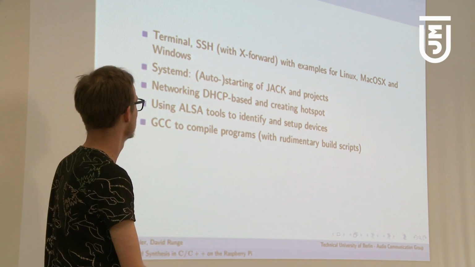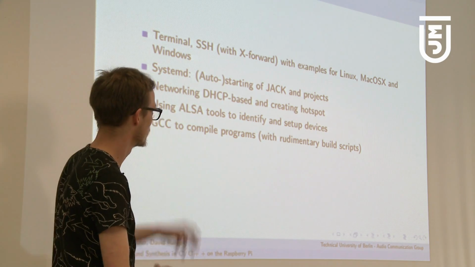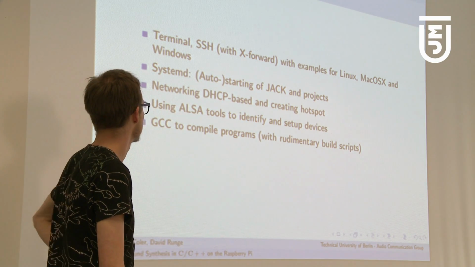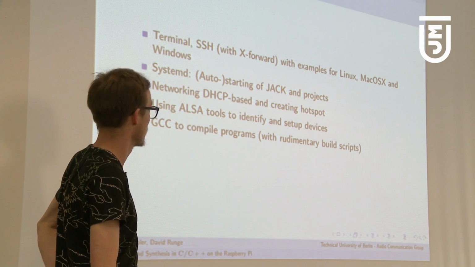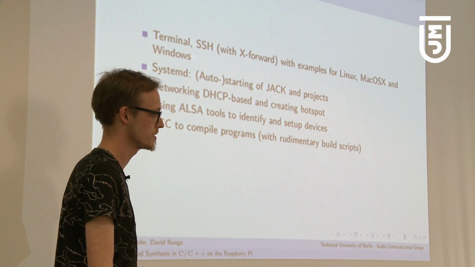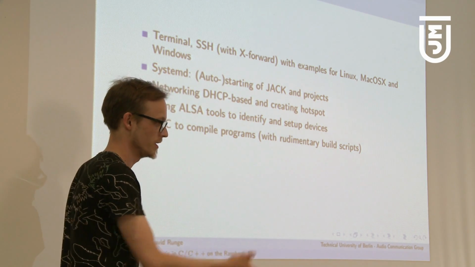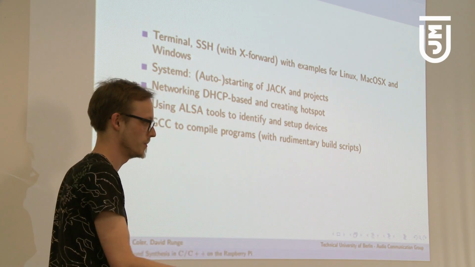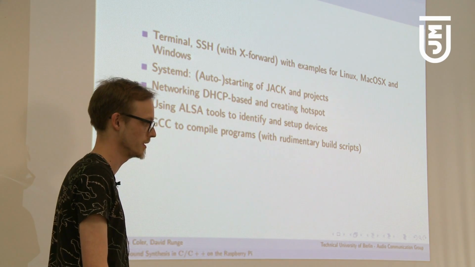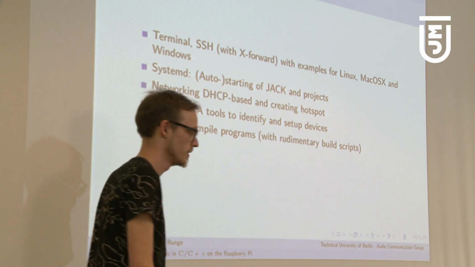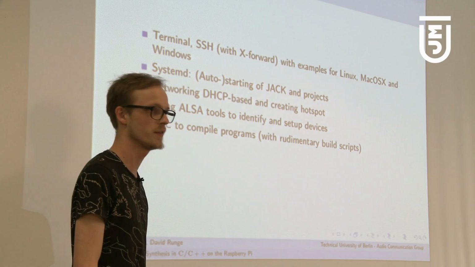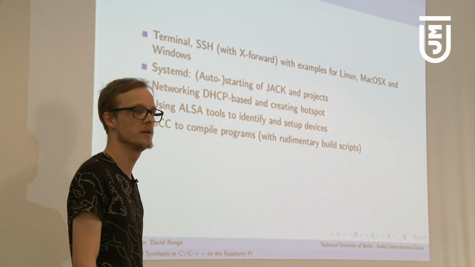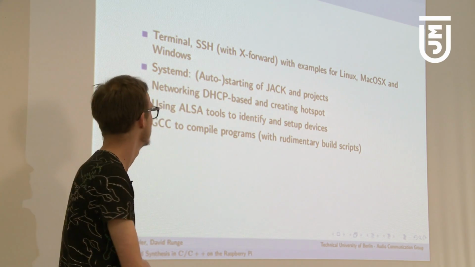But yeah, we gave some examples on how to start Jack and the project, and how the DHCP networking is done. We have a standard setup that is automatically getting an IP over Ethernet, and Wi-Fi can be connected through wpa_supplicant.